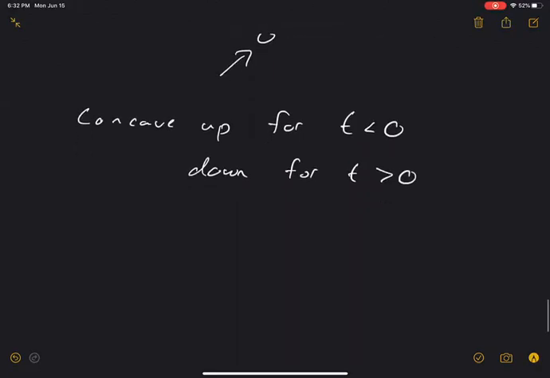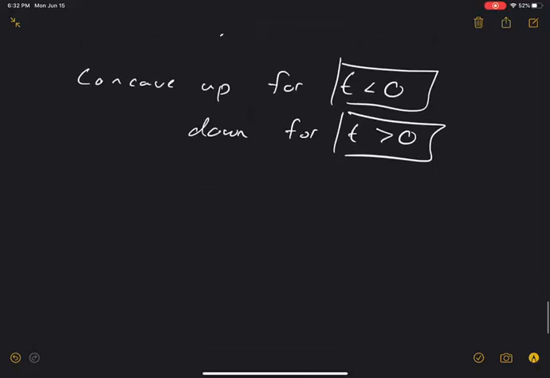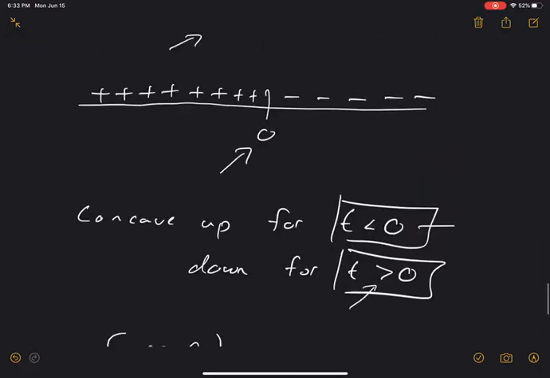For the test, I would accept these types of statements. On homeworks, it might want interval notation. So how do we write t less than 0? That's negative infinity to 0. How do we write t greater than 0? That's 0 to infinity. So that's the intuitive way to solve for concavity.